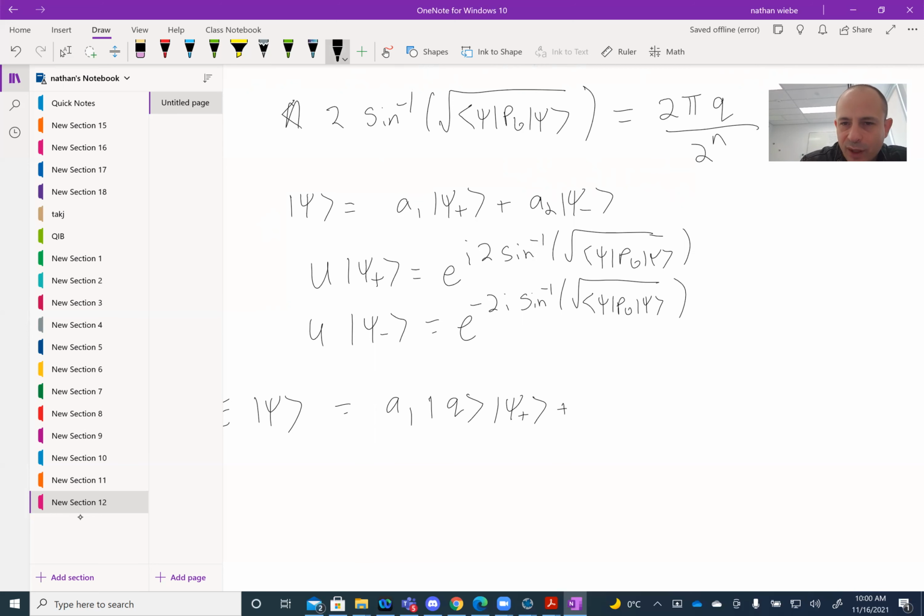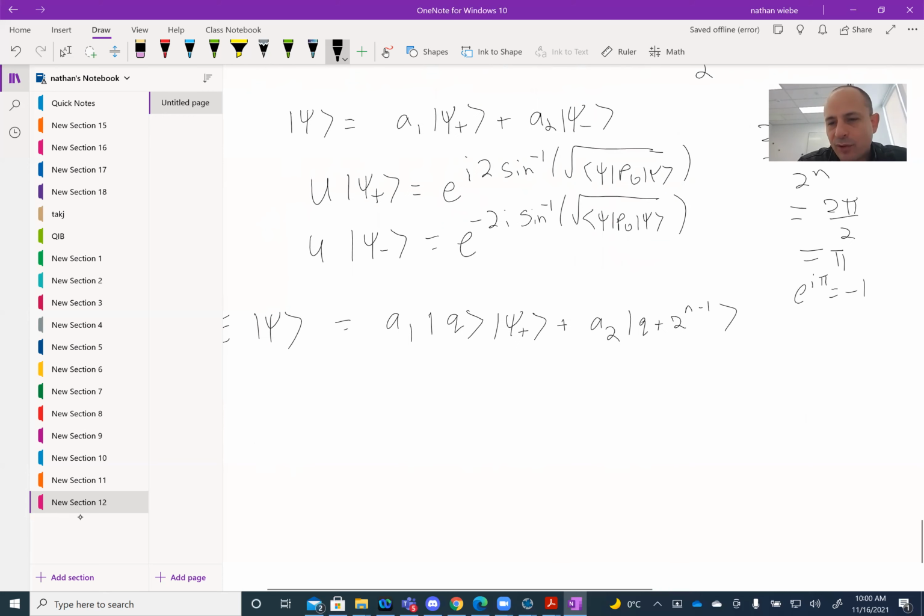Now the negative branch will give me A2, and this will correspond to the negative phase. Because it's a negative phase, it's got a difference of pi. And so this will give me q plus 2 to the n minus 1. Because if I put in 2 pi times 2 to the n minus 1 divided by 2 to the n, this is just equal to 2 pi over 2, which is pi. And that corresponds to e to the i pi equals -1. So this corresponds to the negative solution. So we're going to have these two values as our only two possible eigenvalues.